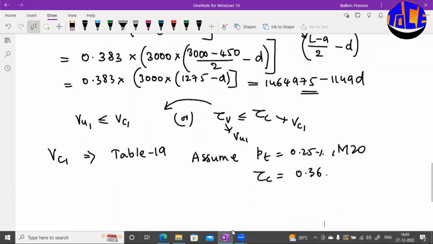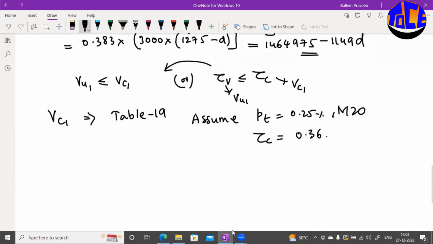And how do we find out this VC1? We know that tau C is equal to VC, or shear force, divided by B into D. If you remember, this is the simple equation that we have been using to find the shear stress, right? Shear stress is equal to shear force divided by B into D. So from this we can find out the VC.